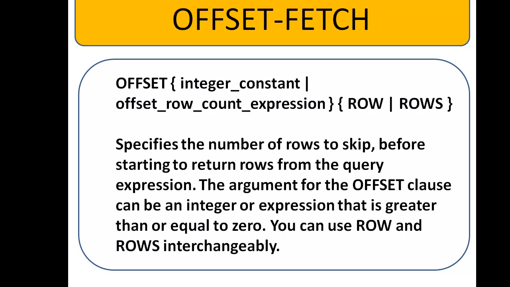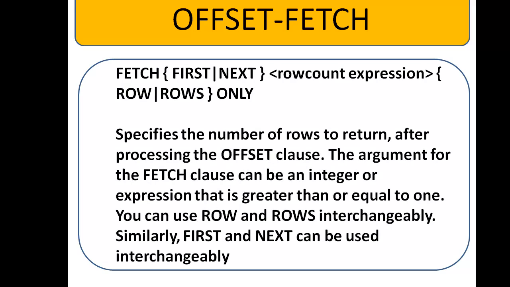This means how to skip 10 rows or 20 rows from the result set. We can use the OFFSET facility, so we can mention OFFSET 10 ROWS or OFFSET 1 ROW or OFFSET 20 ROWS, then FETCH FIRST or NEXT with the row count expression with ROW or ROWS ONLY. See, OFFSET 10 ROWS, then FETCH 20 ROWS ONLY.